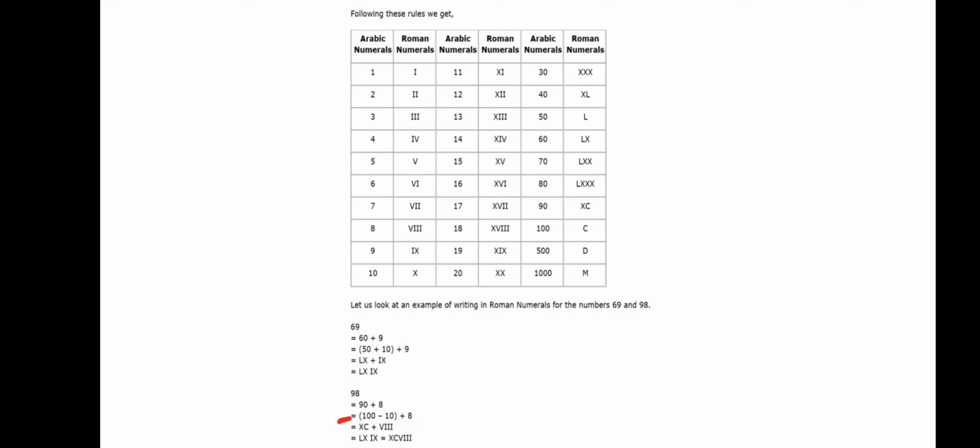So in Roman numerals, we can write it as C and X on the left hand side to get 90, plus 8, that is V, with triple I's on the right hand side.